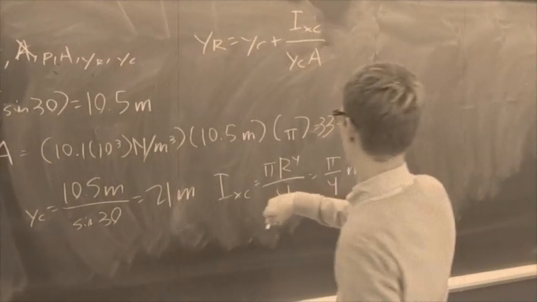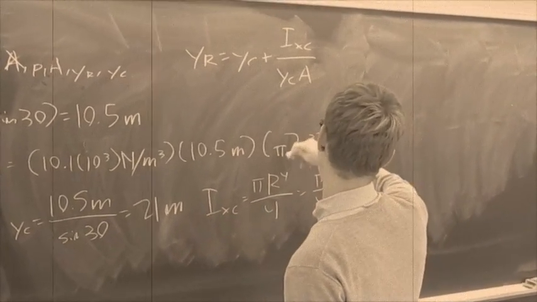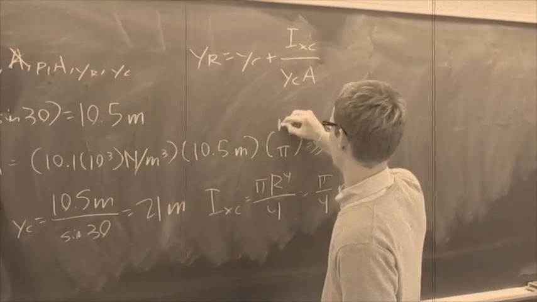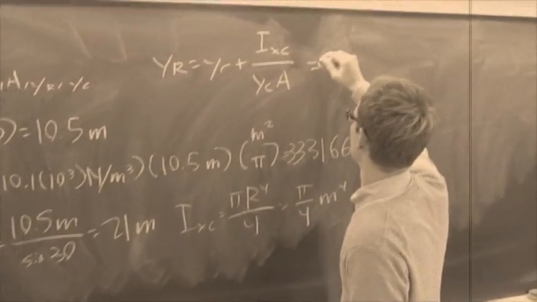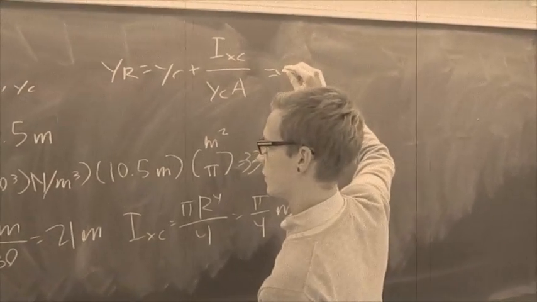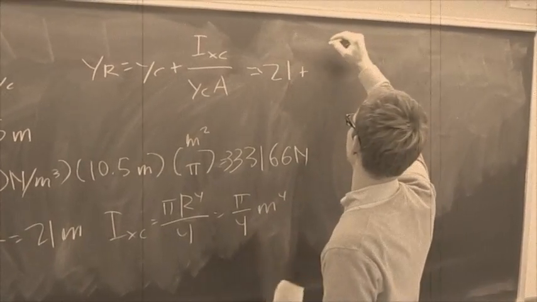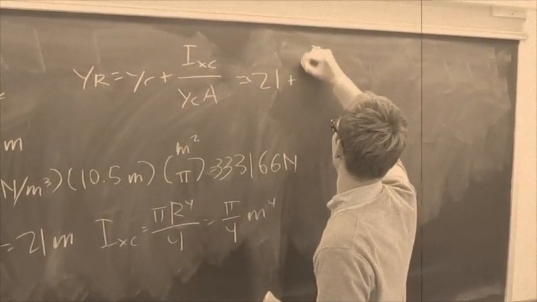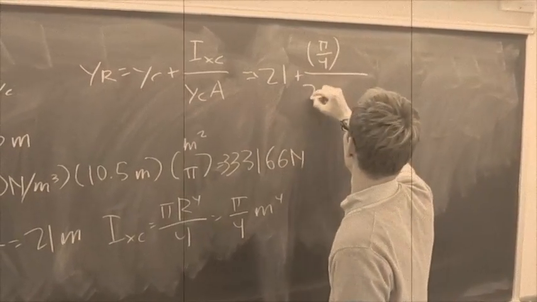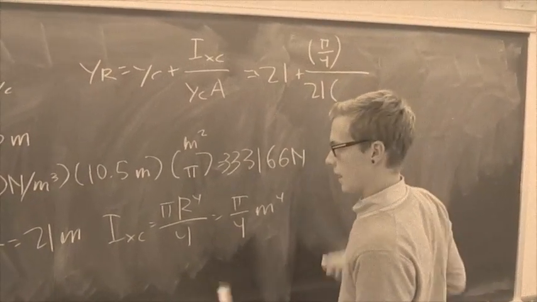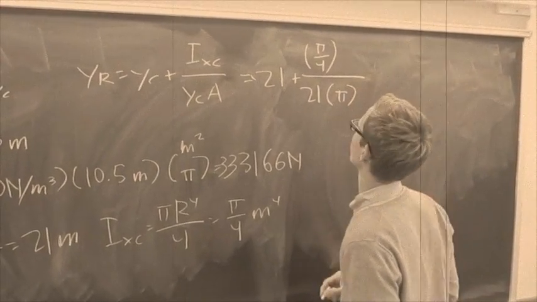So we plug in our IXC that we obtained, the Yc, and then we know the A to be pi, in meters squared. So the whole thing is equal to Yc, which is 21, plus IXC, that is pi over 4, divided by Yc again, and then A, which is pi.